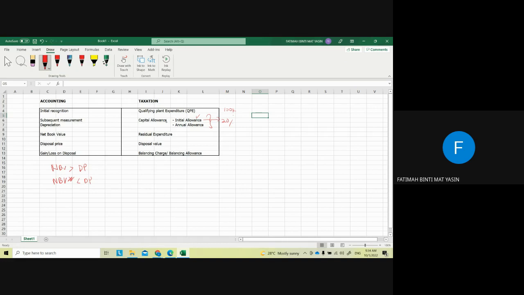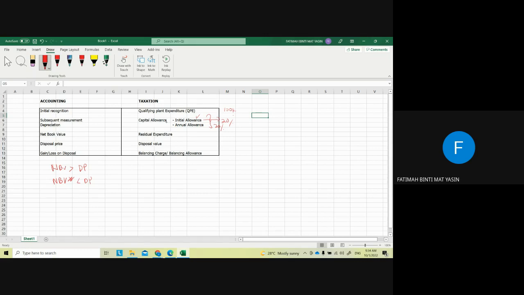Let's say the annual allowance is 20%, again depending on your types of asset, because the annual allowance rate is different. If the annual allowance for that asset is 20%, it means the company can claim the capital allowance up to 4 years only. They claim initial allowance 20% and annual allowance 20% for the first year.